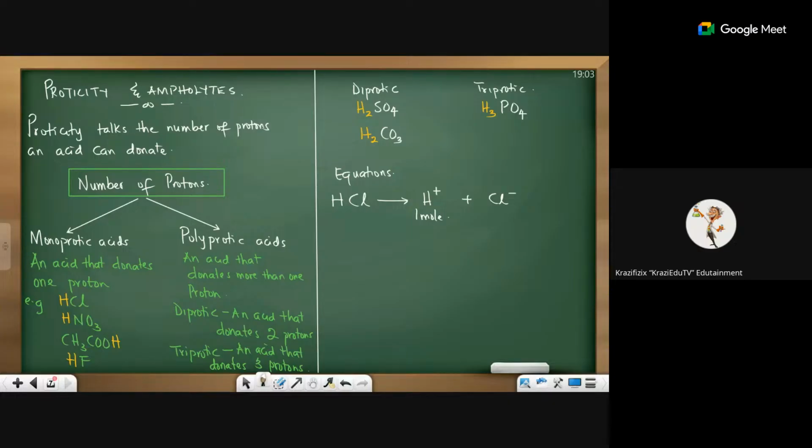Look at, if I were to bring in water, what are we going to have? H3O plus. You notice again, 1 more. So it only donates 1. That's what we're saying. So the number of moles is 1, 1. So this is monoprotic using an equation.